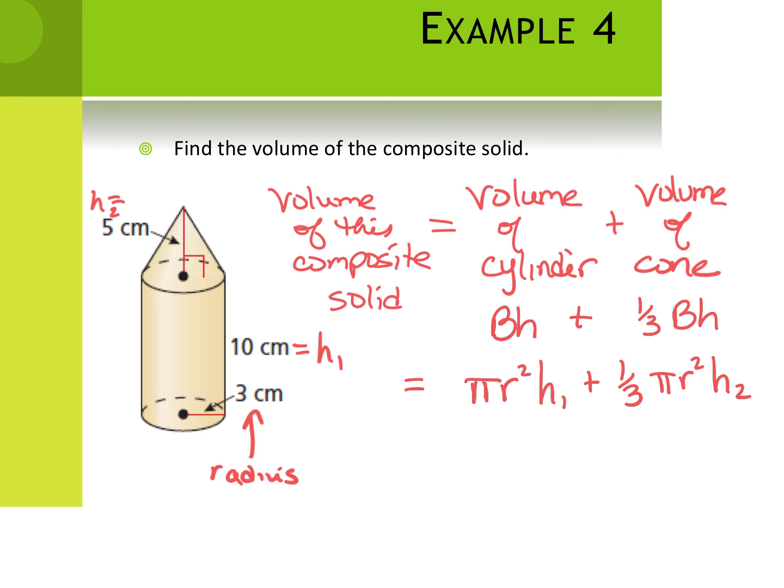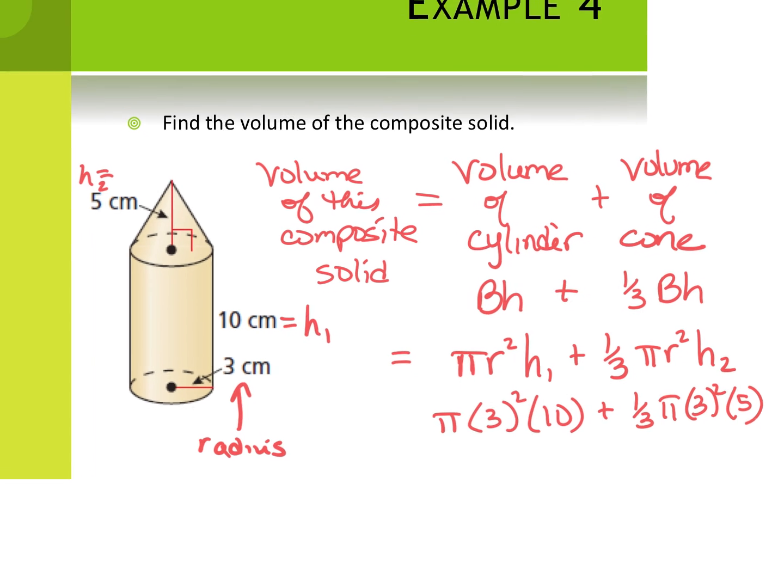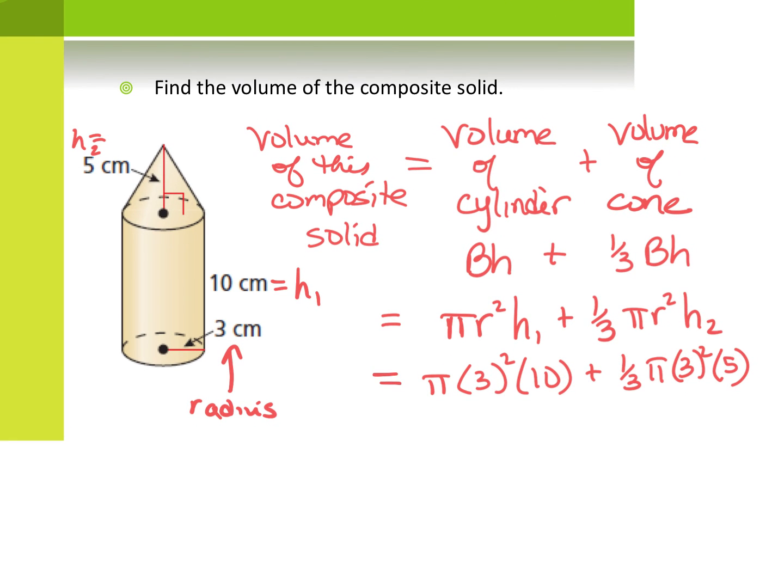So let's plug in our numbers. Pi times 3 squared times 10 plus 1/3 pi 3 squared times 5. So pi times 9 times 10, 1/3 pi 9, 5.